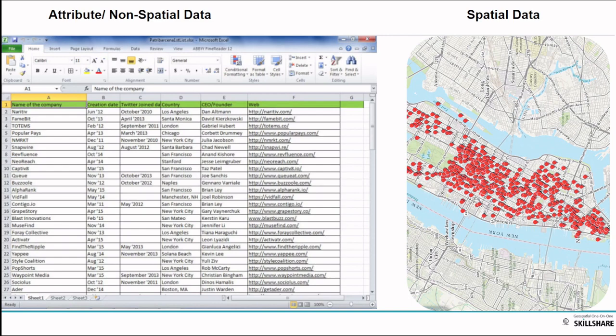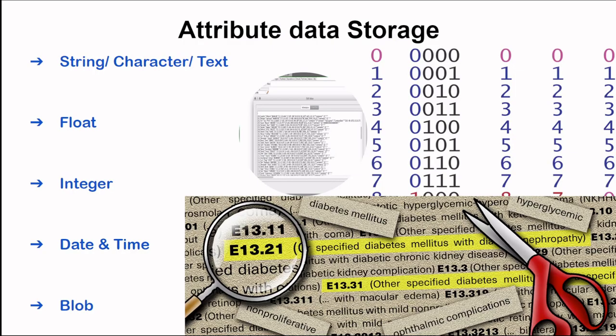And we said that the attribute data is actually the information that tells us about the location. It is more like the characteristics of the location or the features of the location. And there are five data types that we're going to talk about based on the criteria of storage.